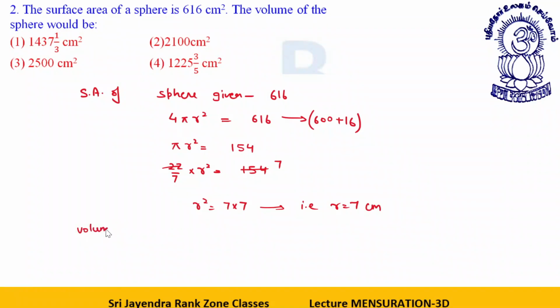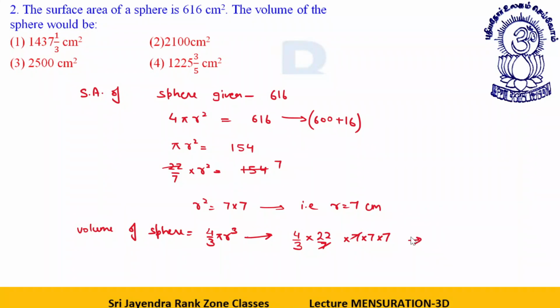Okay, now next thing, volume of sphere. And the volume of sphere is 4 by 3 pi r cube, that is 4 by 3 into 22 by 7 into 7 into 7 into 7. That gives you, 7 to 7 cancel.